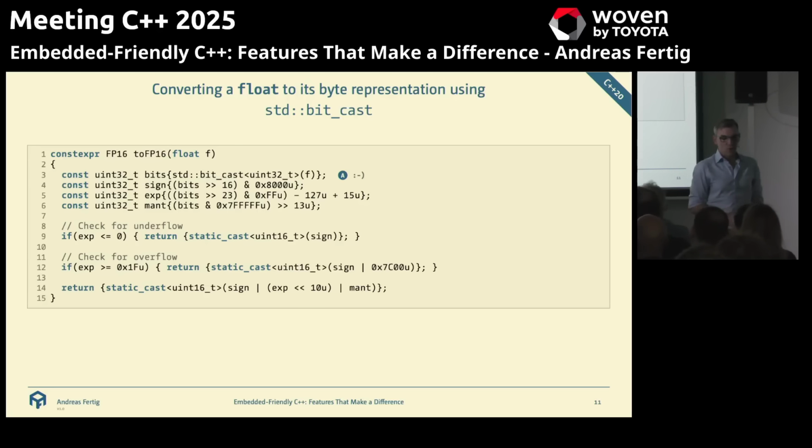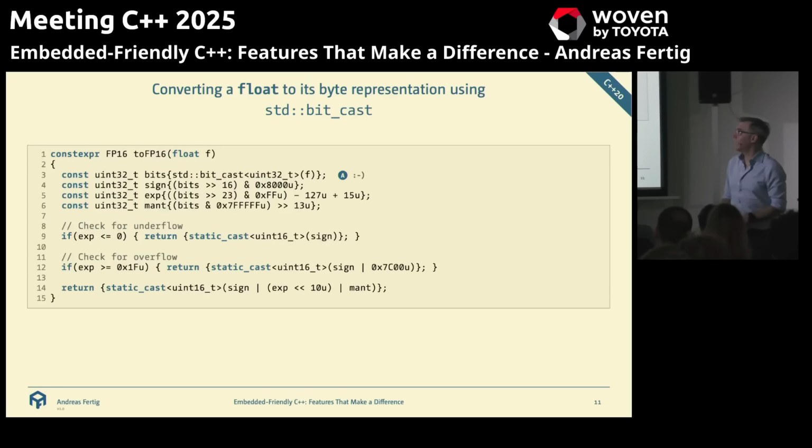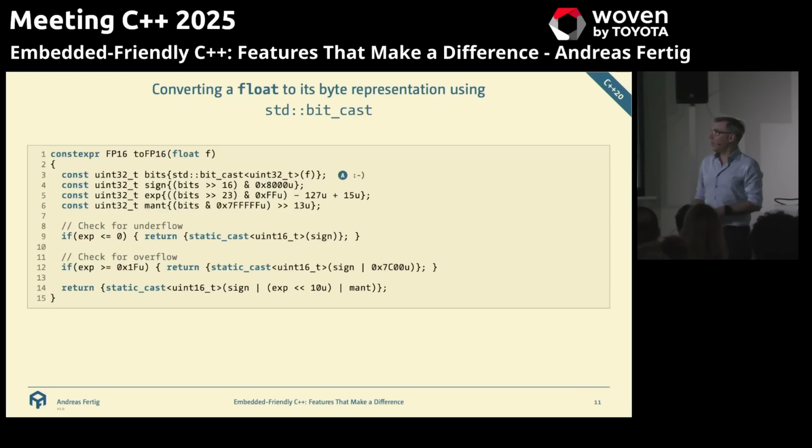Well, you can go to C++20 then. In C++20, we added std::bit_cast. And the purpose of std::bit_cast is exactly providing what we all the time desire to do there. We want to take one object and use its bit representation to create another object.